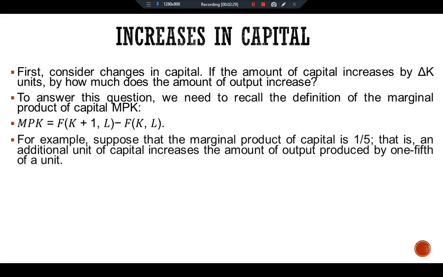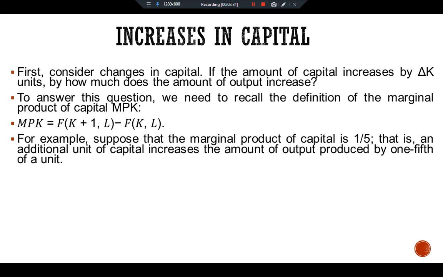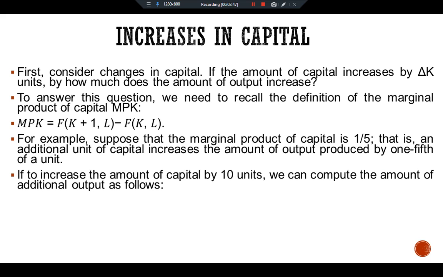For example, suppose that the marginal product of capital is 1/5, that is, an additional unit of capital increases the amount of output produced by 1/5 of a unit. If we increase the amount of capital by 10 units, we can compute the additional output as follows.